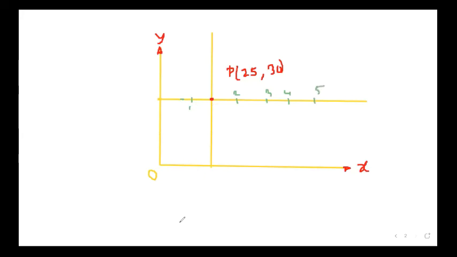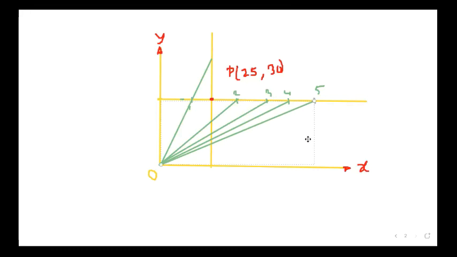Okay. Now join O with 1, extend up to this vertical line. Join O with 2, then O with 3, O with 4, then join O with 5.